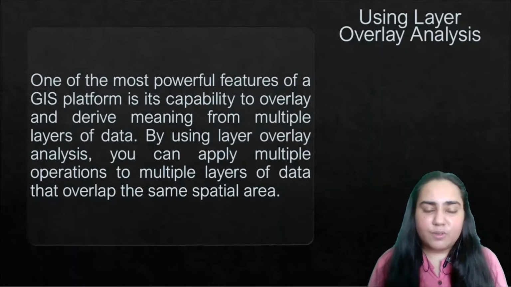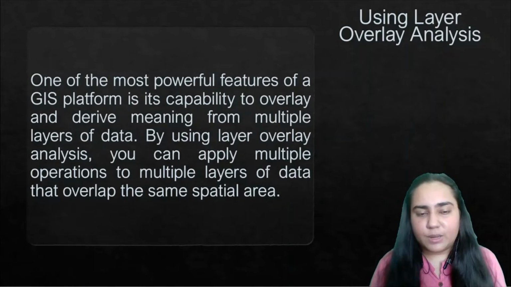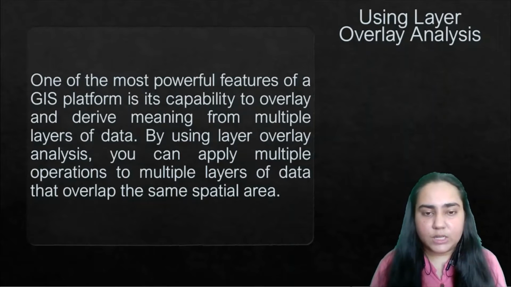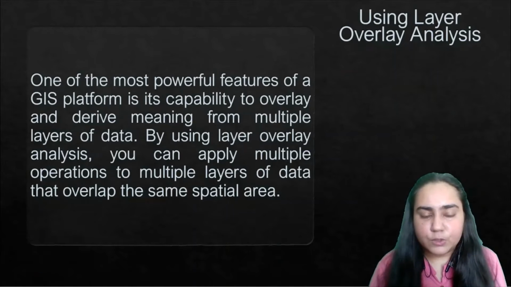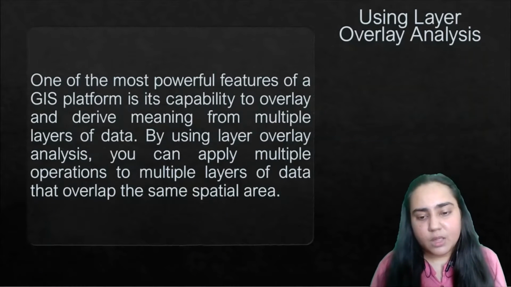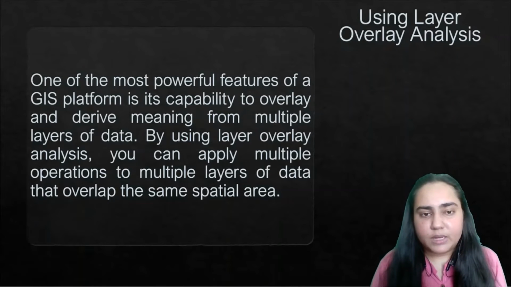So we saw in the previous video on file formats, raster and vector, that when you're creating a raster format file, you are essentially overlaying data. So if you're creating a raster format file for a particular street, then in one layer, you'll just show the street.